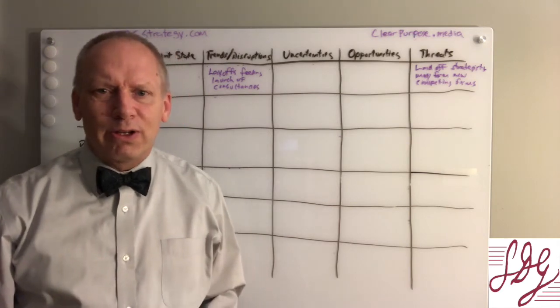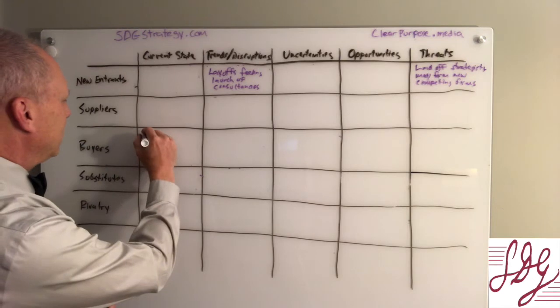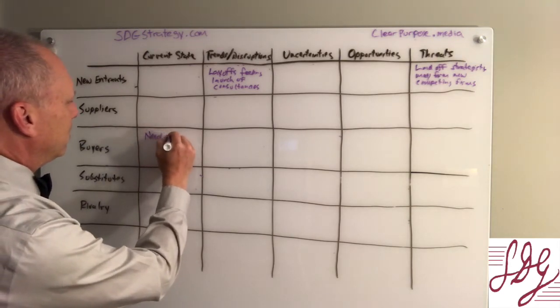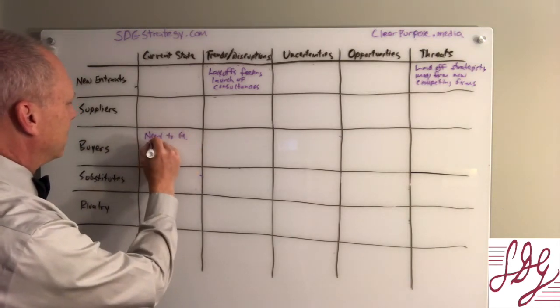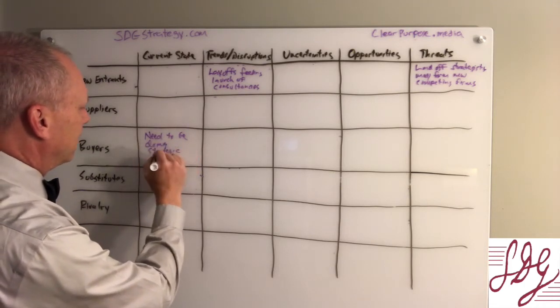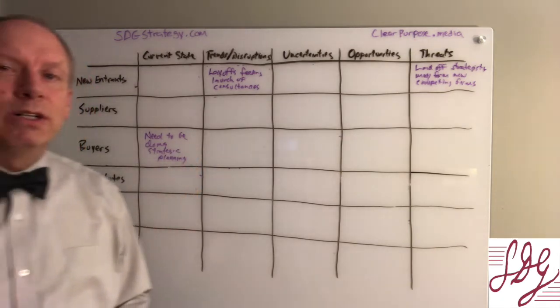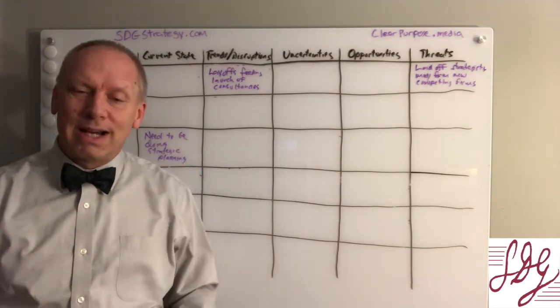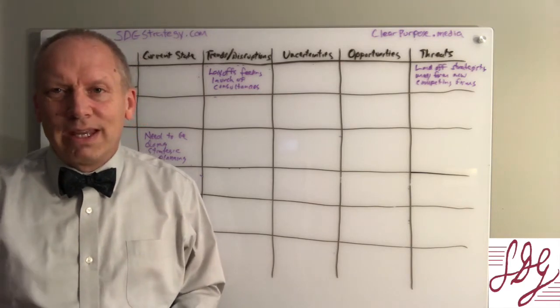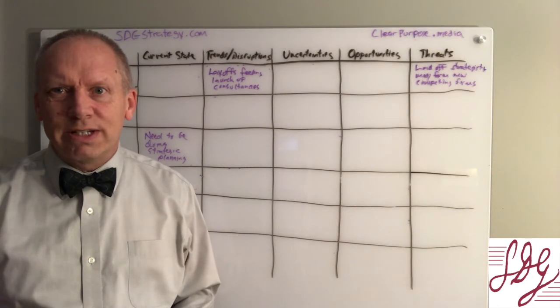And so the current reality is that the buyers do need to be doing strategic planning. They always have and they always will. Right now it's a little bit higher, quite a bit higher actually, because of the fact that there's been such disruption across all industries.